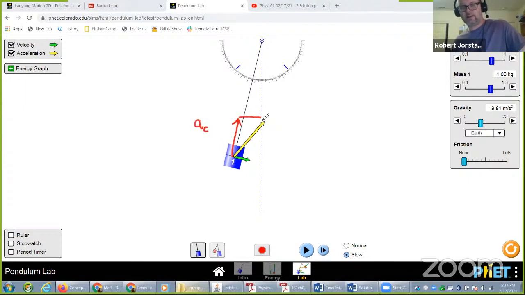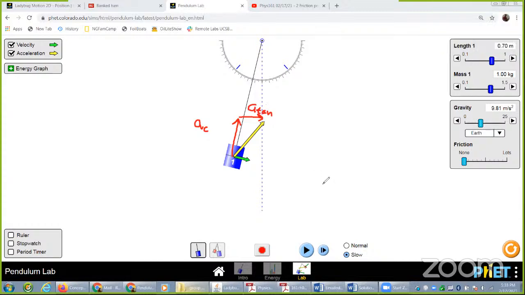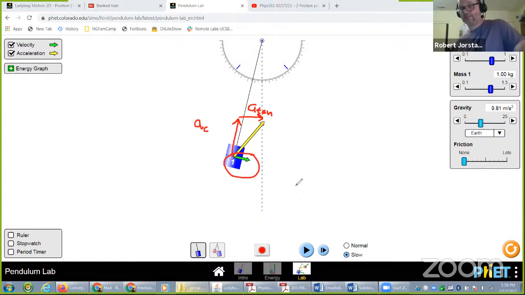And there's an acceleration tangent to the curve. What's happening to the tangential acceleration? Is it getting bigger or smaller? Can you tell? Getting smaller. How about the velocity? It's increasing. It was 0. Now it's something, right? It had 0 speed initially. So, okay, let's keep looking.